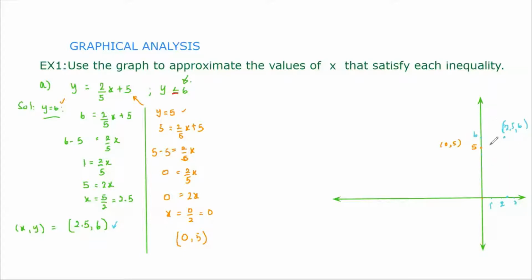Now you have these two points and draw one linear line. How do we know it is linear? Because in the question, x to the power 1 represents a straight line, a linear equation. So now we plot the linear line, which means you join these points.